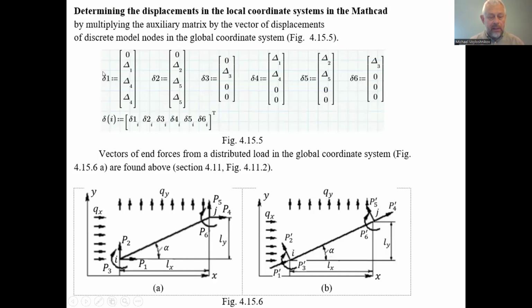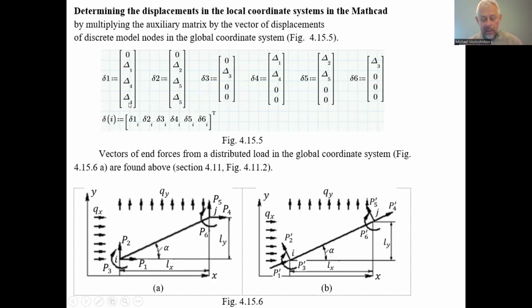And we can define the displacements of the beginning, in the global coordinate system, the abscissa translational displacement of the beginning of each of the finite elements: first, second, fourth, and fifth.